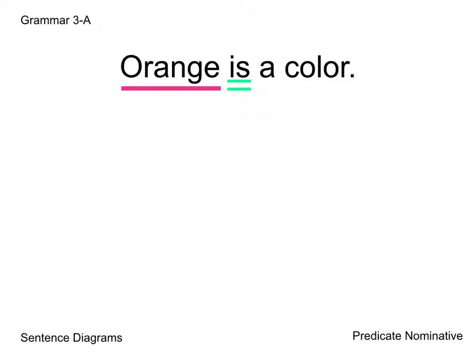And so now we're just going to look at the words a and color. What are the functions of these two words? Well, color is renaming orange, therefore it is a predicate nominative because it is a noun in the predicate describing orange. So what about a? A is an article and it is describing color.